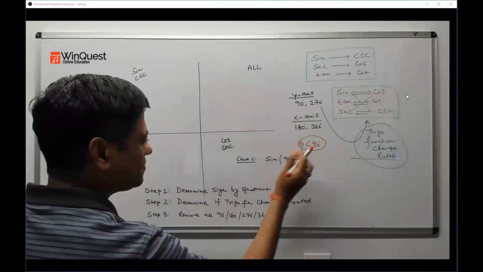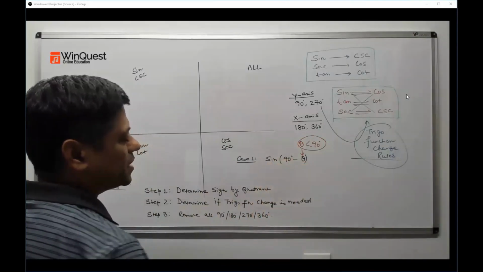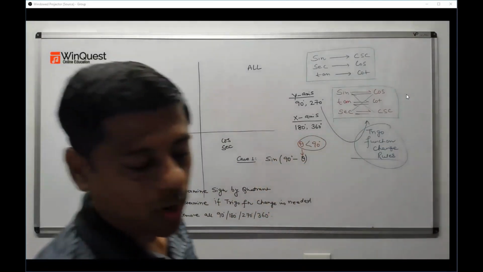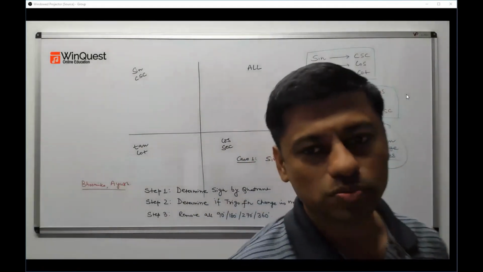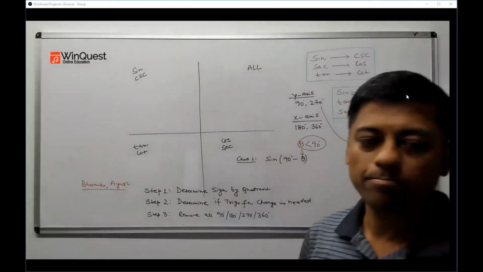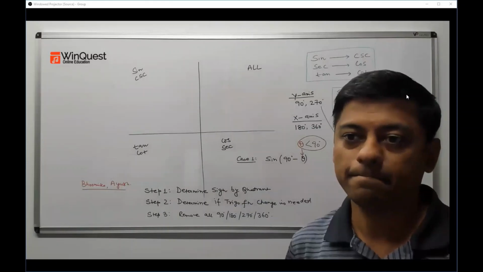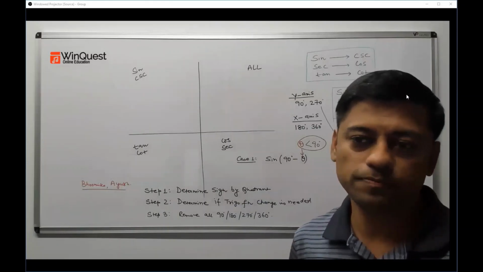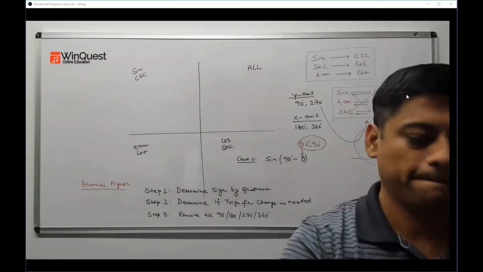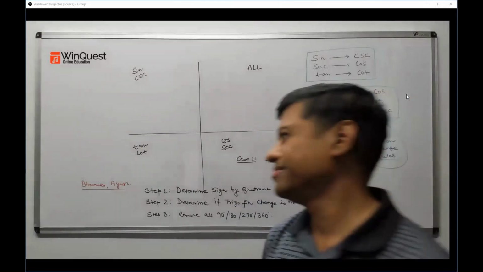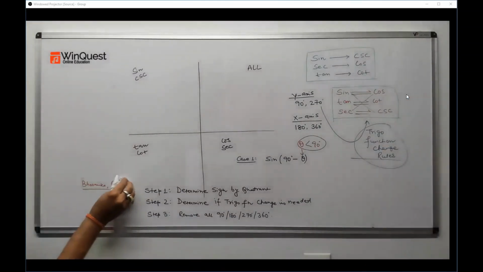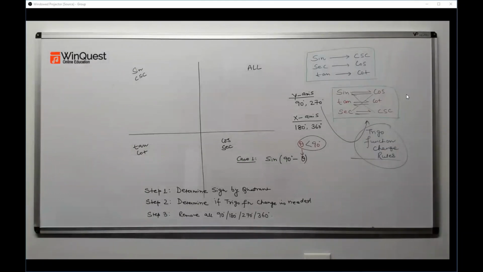Given sine 90 minus theta, which quadrant should it land in? The first quadrant. Are you sure? Yeah, because all of them should be minus 90. So yeah, first quadrant.